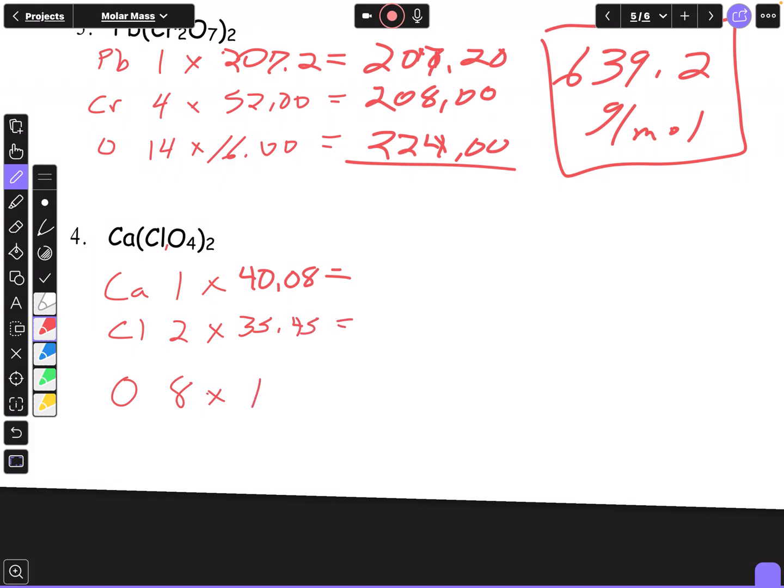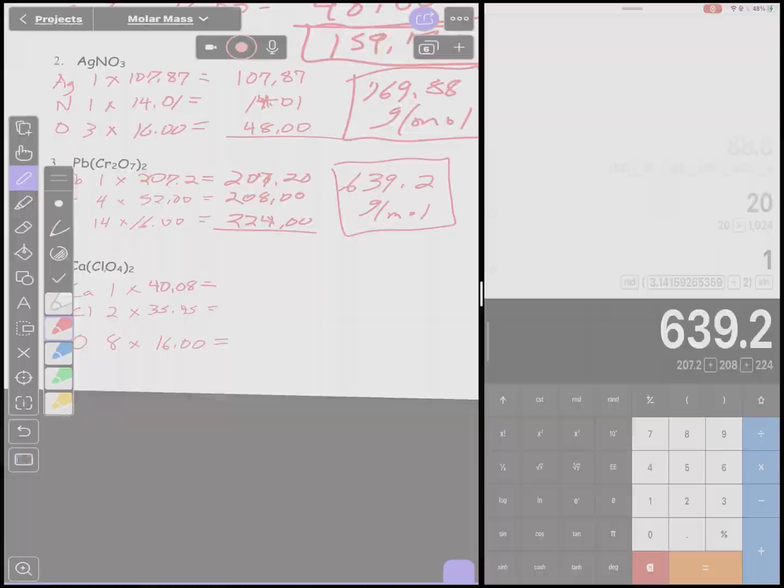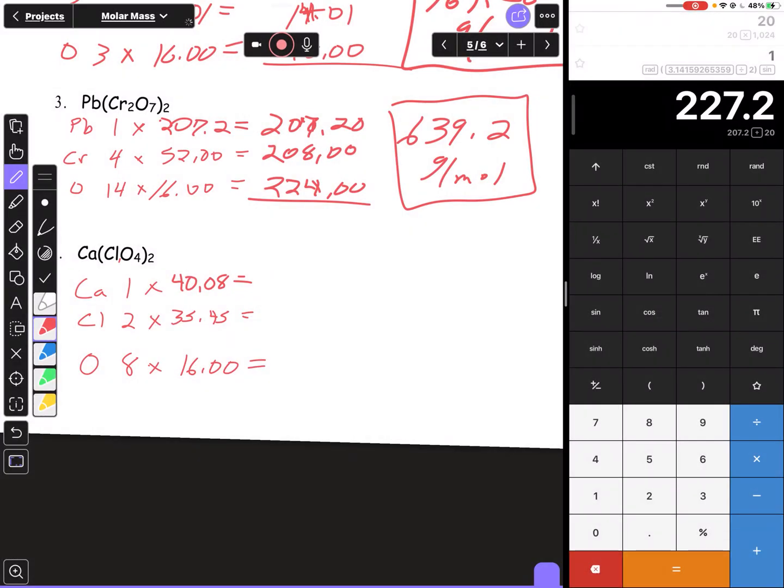And oxygen is 16.00. Okay, first calcium, one of those times 40.08 gives me 40.08.